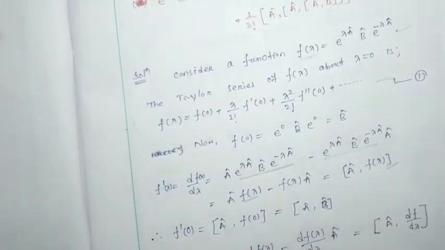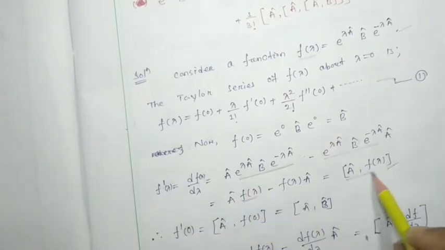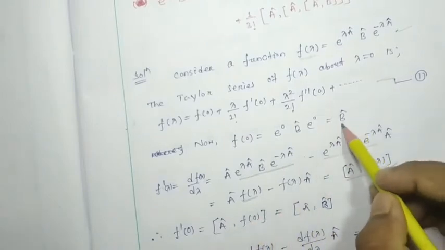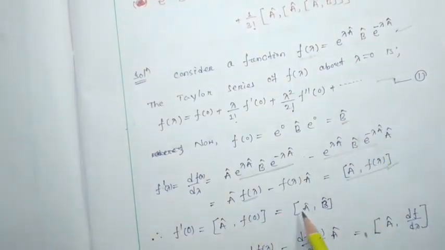Now f dash 0 will be a cap f of 0, because f dash lambda is nothing but this one. F of 0 we found is b cap, so it will be the commutation of a cap b cap.